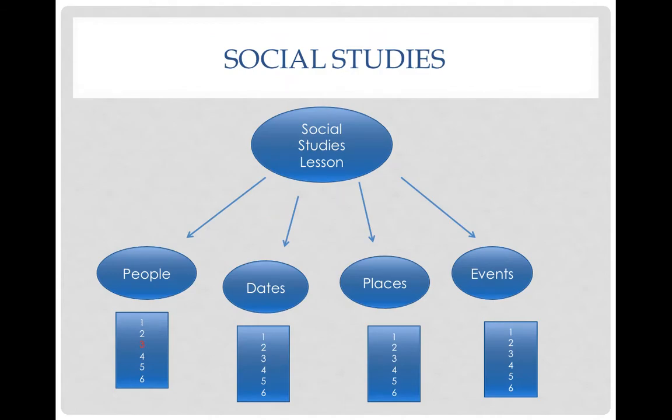Similarly, in social studies, I have my social studies lesson. It breaks down into, if we're talking about Spanish expansion, the relevant people, dates, places, and events. And somebody may, in general, be good, but they may have differences between each one of these things. If I'm talking about the item-to-item level, if I'm asking several questions about different people, I may have a question here that doesn't seem to fit, where people who generally score well on the people section of this overall construct tend to get 3 wrong, and people who score poorly tend to get 3 right.